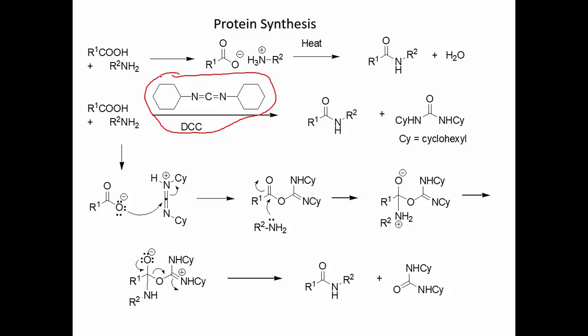If you treat a mixture of a carboxylic acid and amine with DCC, you will generate under very mild conditions, right at room temperature, an amide, and you won't make water, you'll actually make this byproduct here, dicyclohexylurea, which, if you look at its molecular formula, is merely the product of reaction of DCC with water.